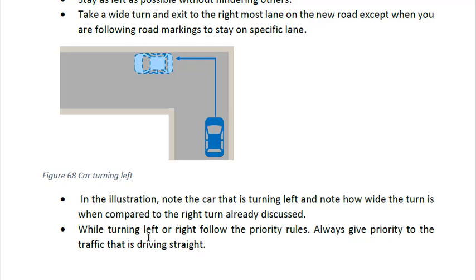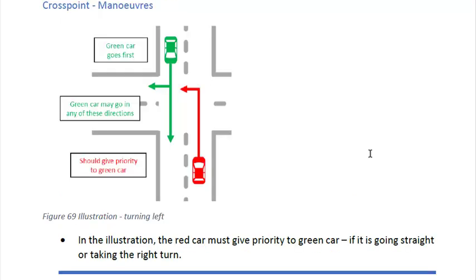Again, while turning left or right, you must follow the priority rules and always give priority to the traffic that is driving straight, or traffic on the new lane that you are entering. Here's an illustration of how the red car is turning left, and the priority. The red car wants to turn left, but it is leaving its lane and entering the lane of the green car.